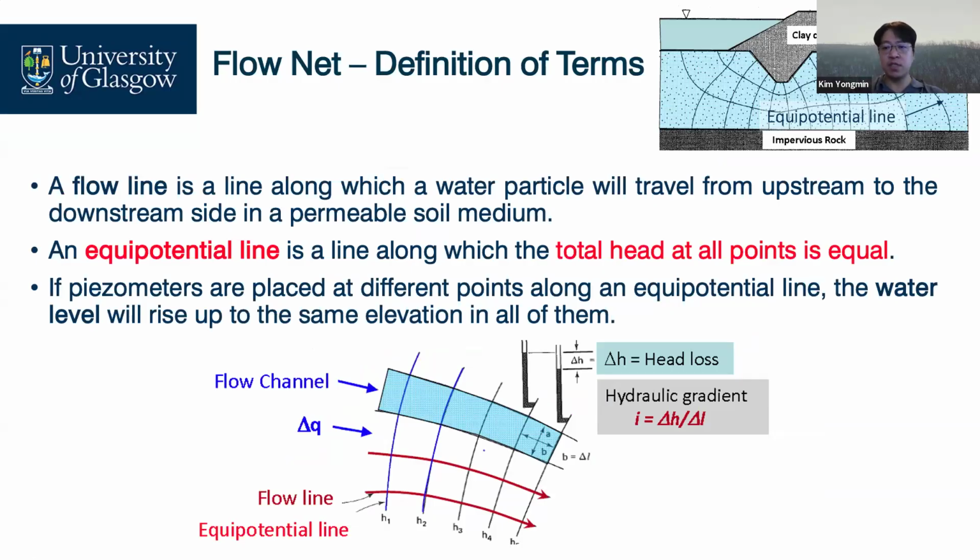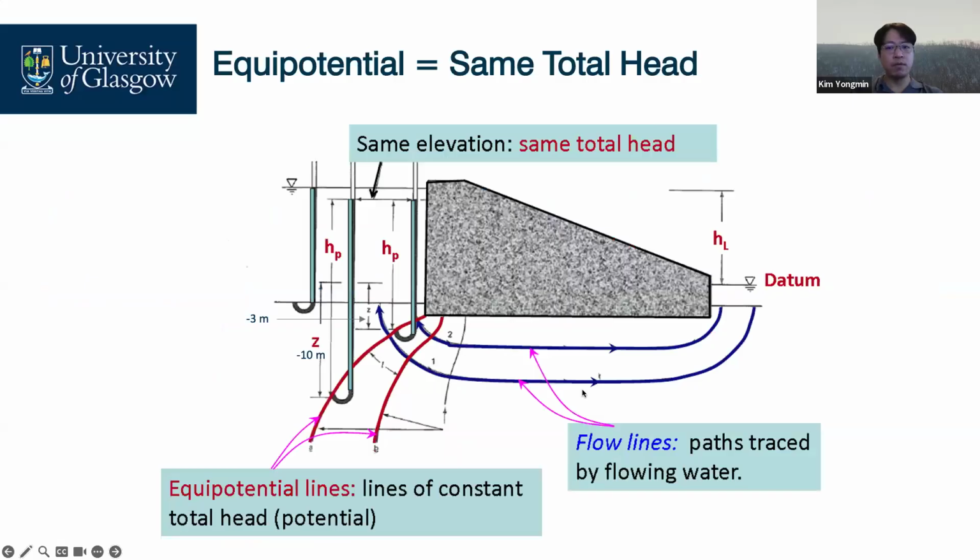But when you consider elevation head together, which is the total head, that total head should be the same along the line. And then this flow line is the path traced by flowing water.